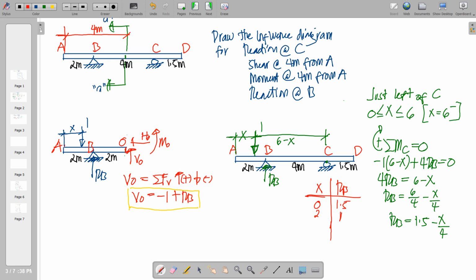When x is 6, 1.5 minus 6 all over 4, and 6 all over 4 is actually 1.5 also. Therefore, when x is equal to 6, your RB will be equal to 0. So I think we consumed this equation limited only to a distance of 6, because we cannot apply this equation when x is equal to 7.5. So let us have another equation for that.